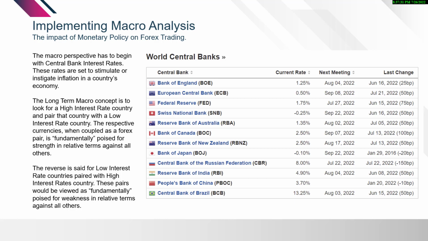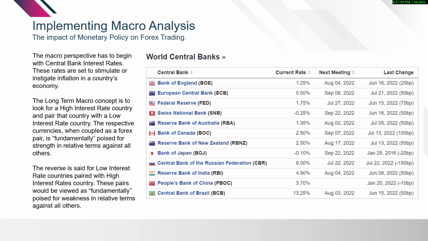And vice versa is also true, whereby if you are looking for a low interest rate country paired with a high interest rate country, these pairs would be viewed as fundamentally poised for weakness in relative terms against all others. Now, remember, that is not the case always, right?